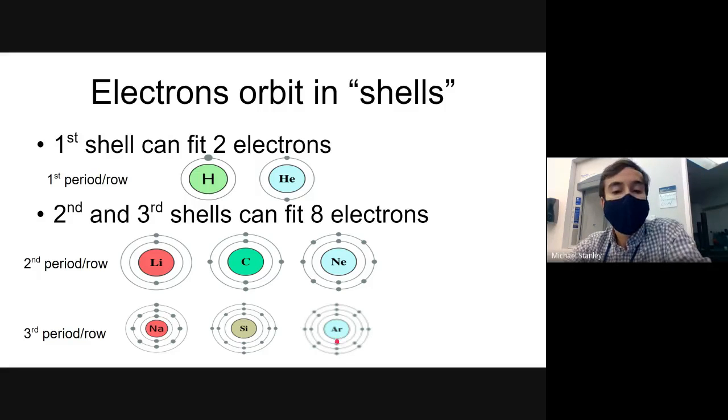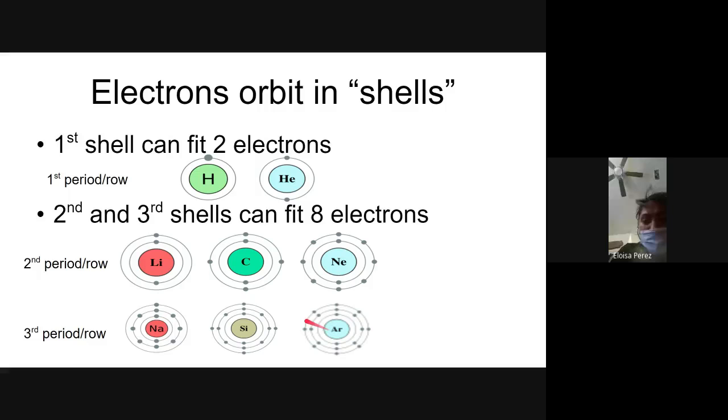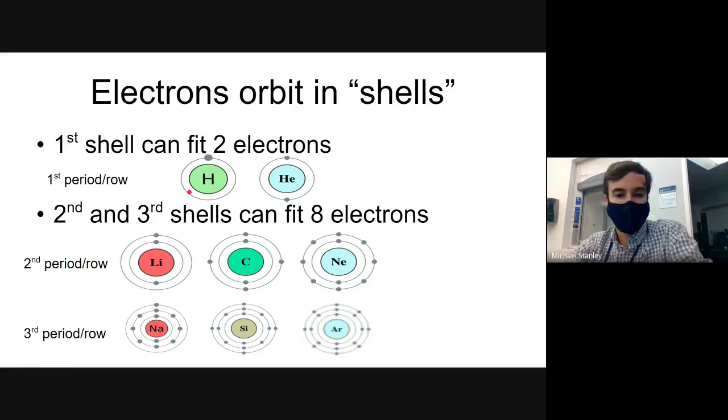Argon. So is the first shell closest to the atom? Yep. The first shell, represented by this first line here, is the closest in to the atom.